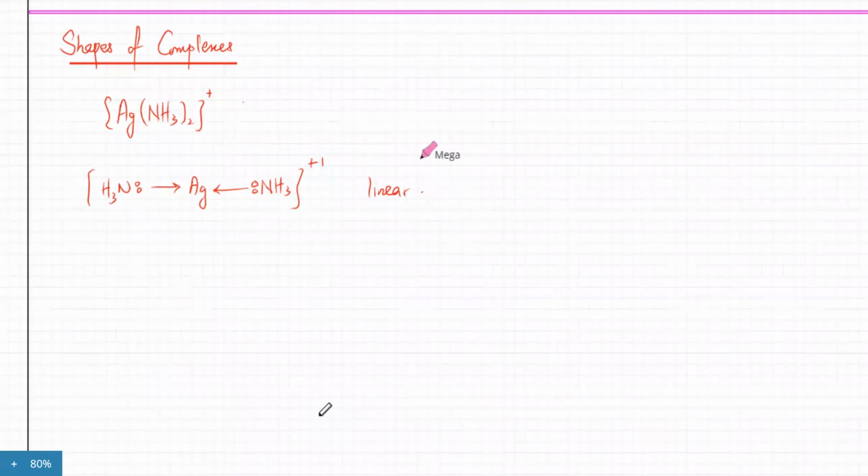So I'll give you one example of a square planar molecule, and that is a platinum ion, which is surrounded by Cl-1 and 2 NH3 molecules. This is known as cisplatin.